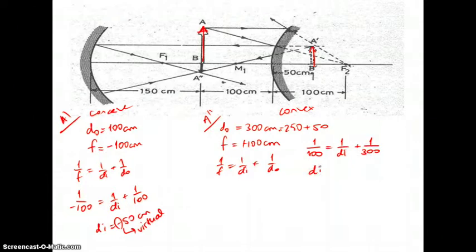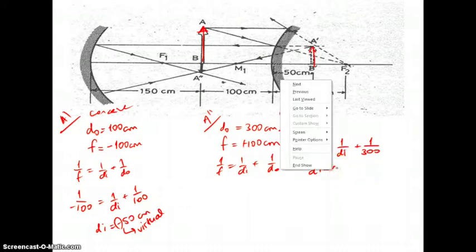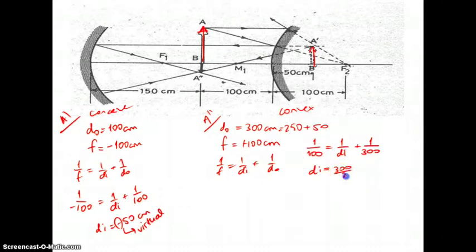Then di is equal to 300 over 2, 150 centimeters. So the final image A prime prime is 150 centimeters away from the concave mirror, and we need to find its height right now.